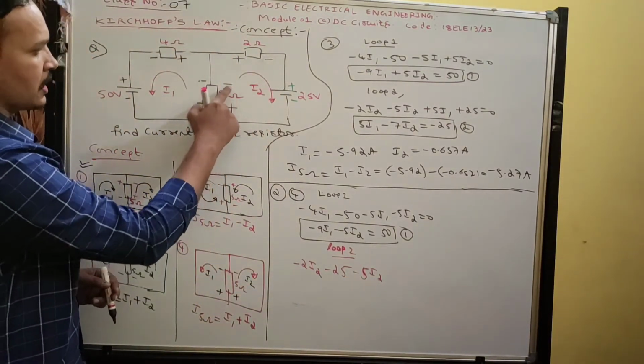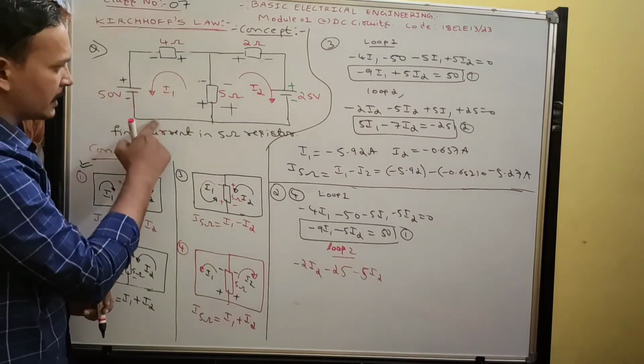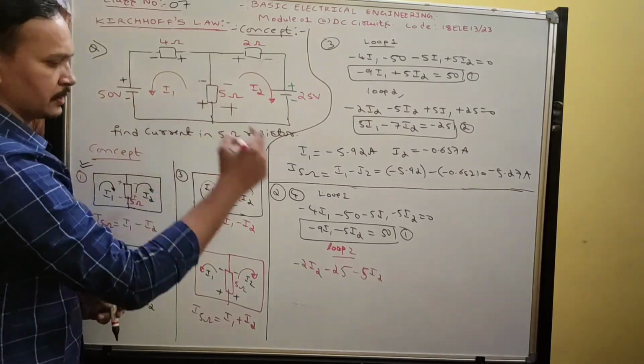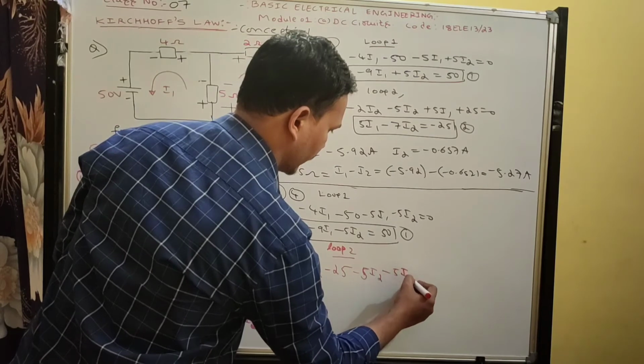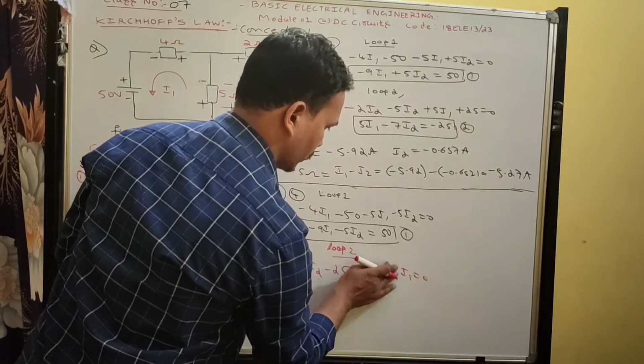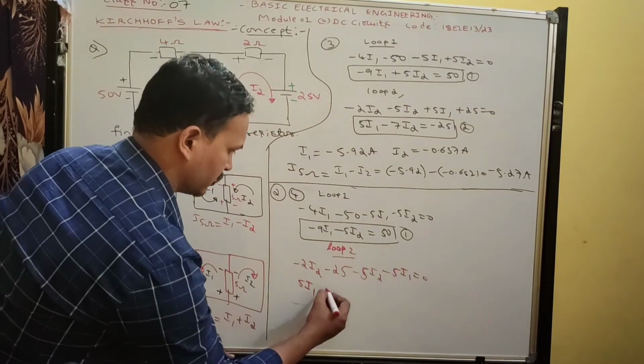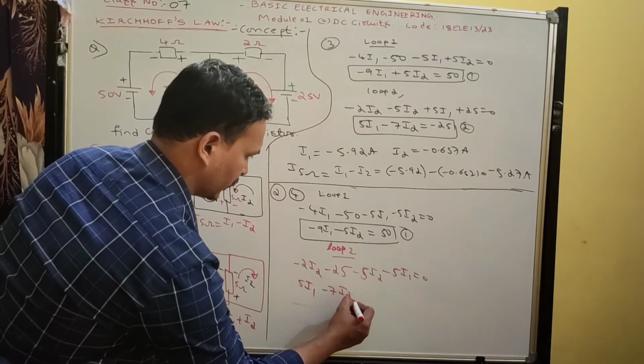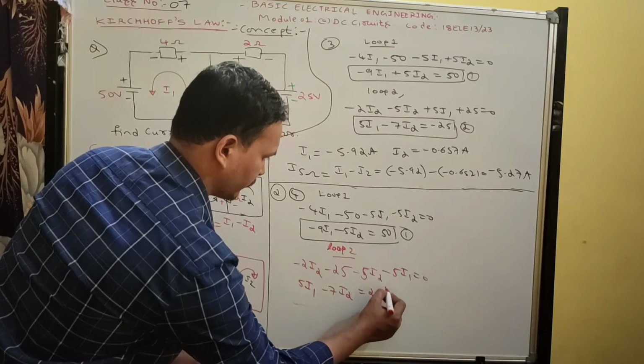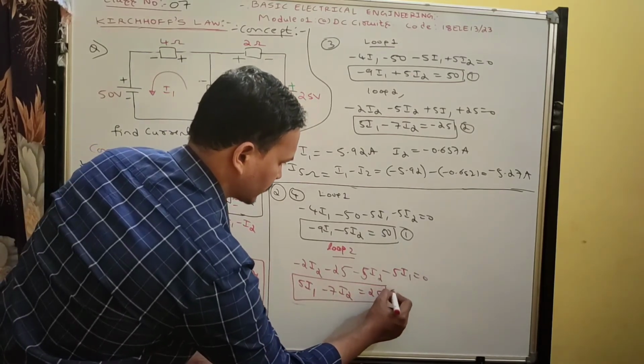Now for this polarity, see, I1 is flowing from plus to minus, a drop. So minus 5I1 equals 0. Next, arrange in the same order: 5I1 minus 7I2 equals 25. So take it as equation 2.